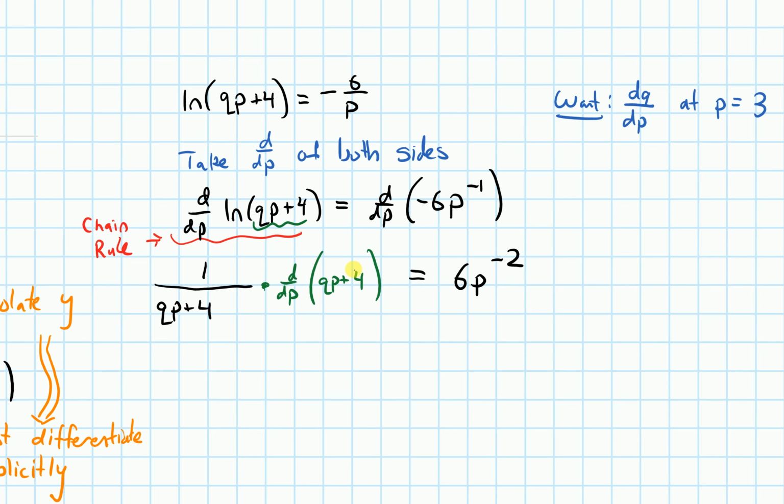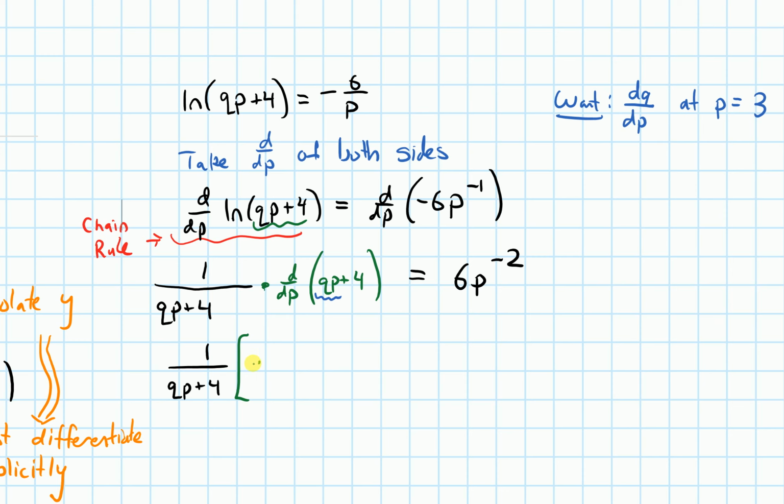All right, so we still got to take this derivative of qp plus 4 now. So I have 1 over qp plus 4 in front. And I have to take the derivative of qp plus 4. So let me give myself some room for this. When I take the derivative of qp first, that's going to involve the product rule.